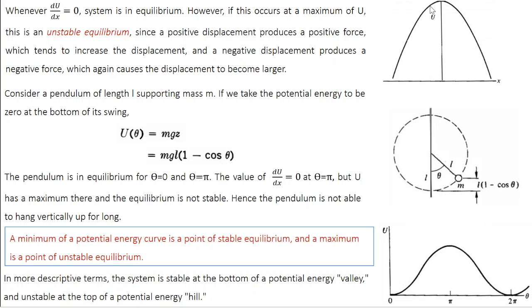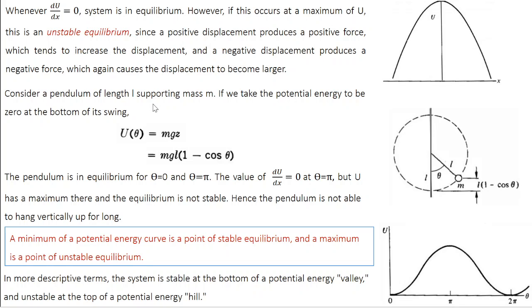So your particle is going to move further away from the equilibrium position. So even the slightest displacement will throw the system completely out of this equilibrium position. In other words, here the equilibrium is an unstable equilibrium.